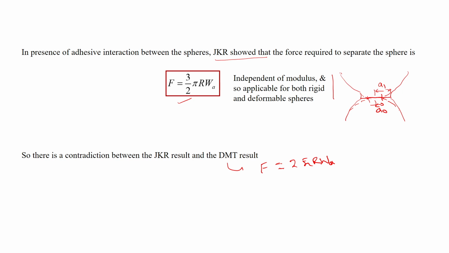However, in the case of DMT, what DMT thought was that there is some finite contact, if it is somewhat deformable, there will be a contact. However, because of this adhesion there is no deformation. So, this is the Hertz area, that contact area remains intact. There is no increase in the contact area because of the adhesion between them, although outside this contact area there is adhesion, that is interaction. So, there is attraction between the spheres outside the contact area.